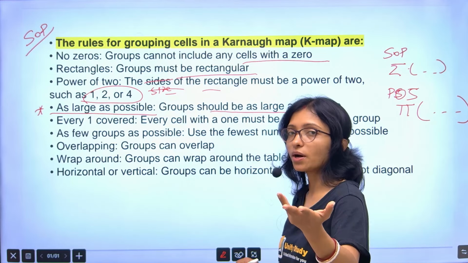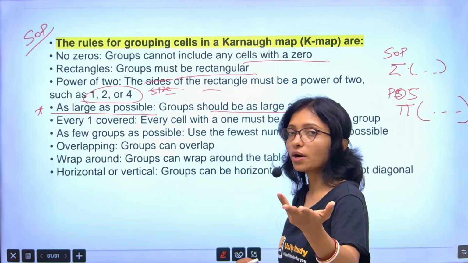So always I have to go for a group of eight, meaning a larger number of 1s should be put in one group. Because the larger the group size, the more your expression will be simplified. That is the benefit. Our target is to simplify the expressions through the KMAP. That's why I make the group as large as possible, so that my expression will be simplified.